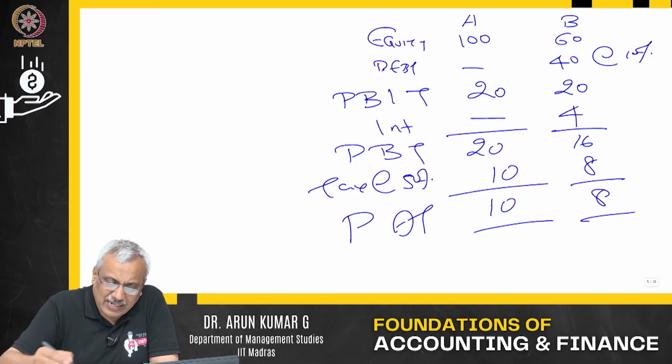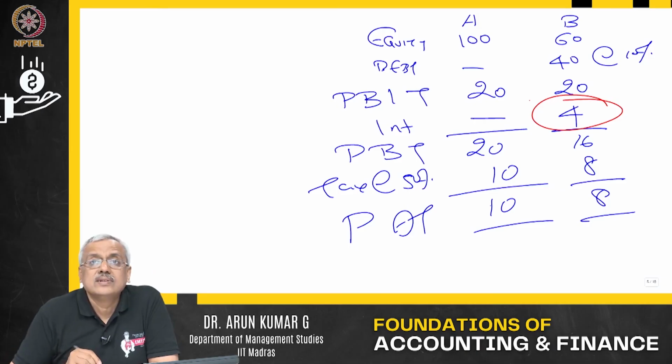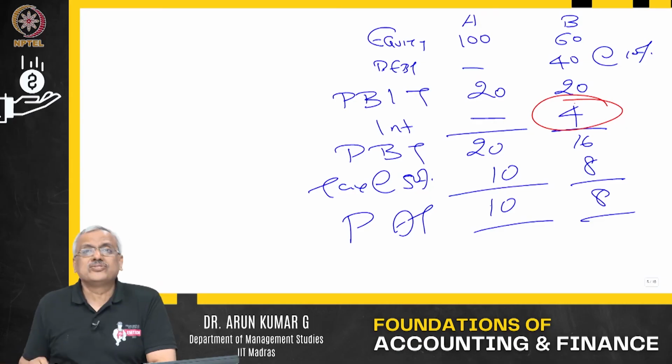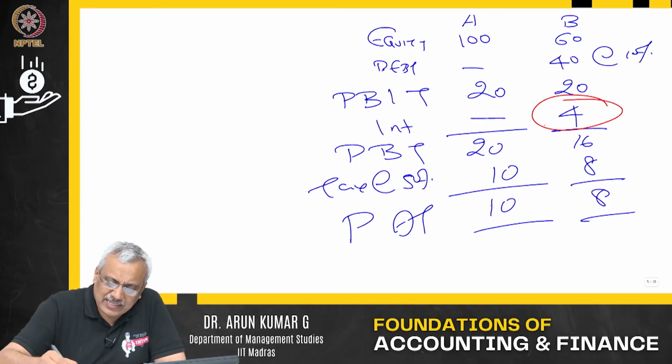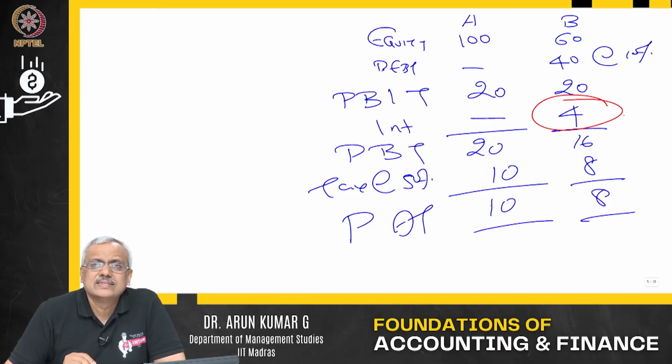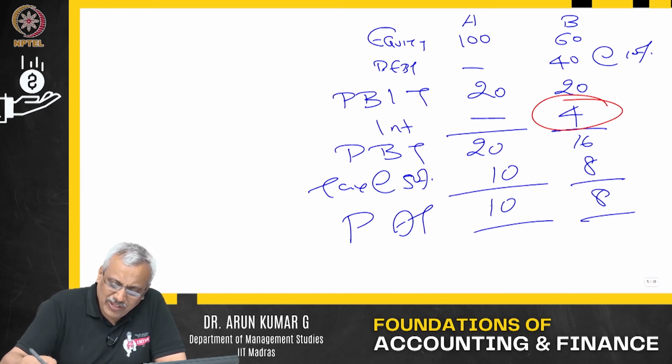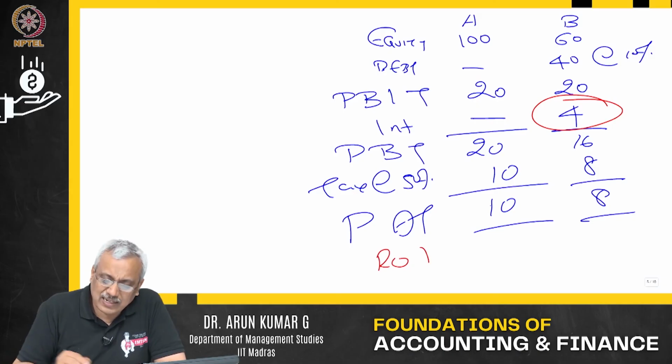So, what is the cost of debt? You will say, sir, the cost of debt is 10%. Because you have taken debt, the cost of debt is $4 or 10%. But please note that if you say what is the return on investment here, the return on investment in this case is $10.